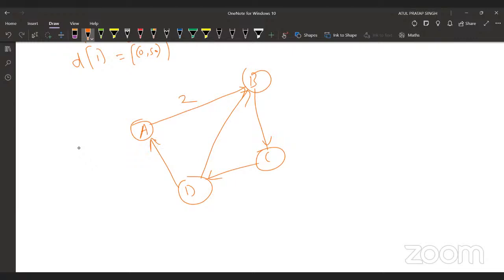So 2, 5, 3, and -2. Okay, so tell me, does this graph have any negative weight cycle or not? Yes, BCD. B, C, D.